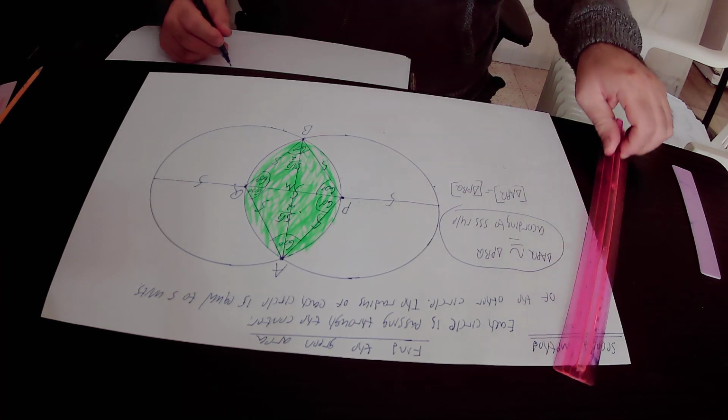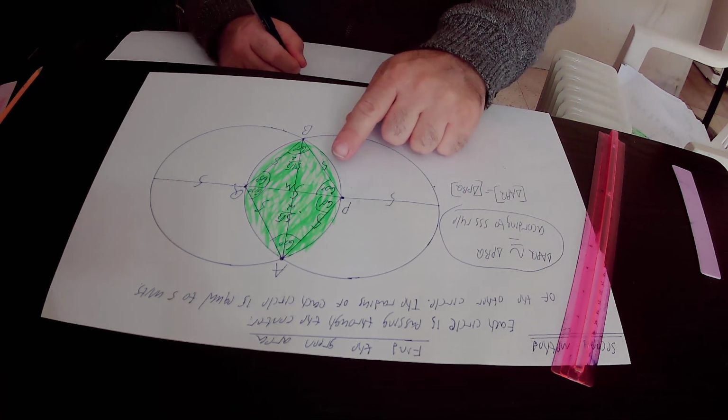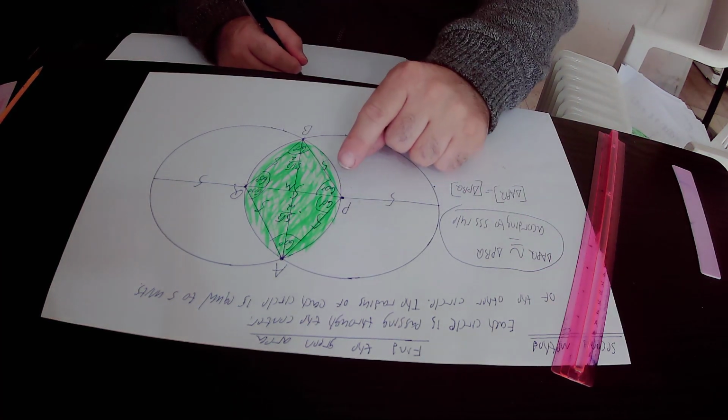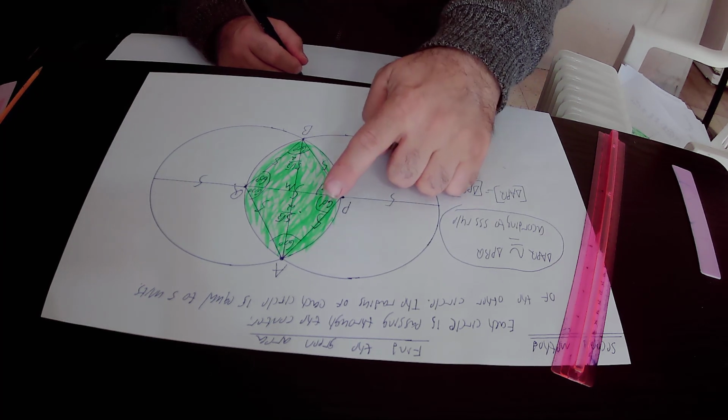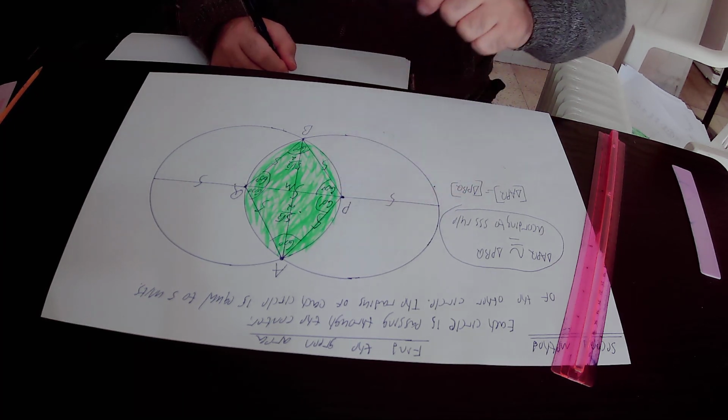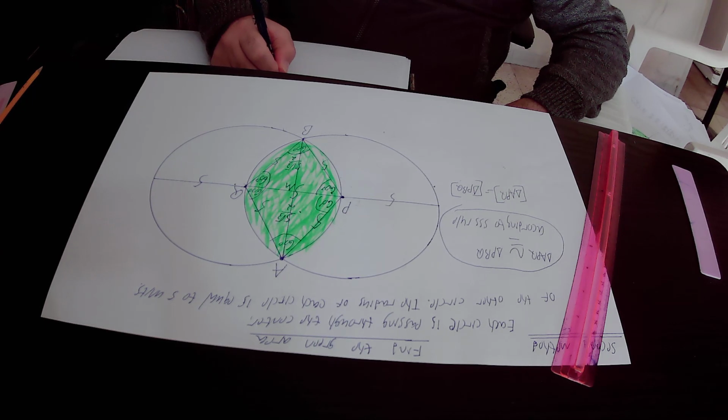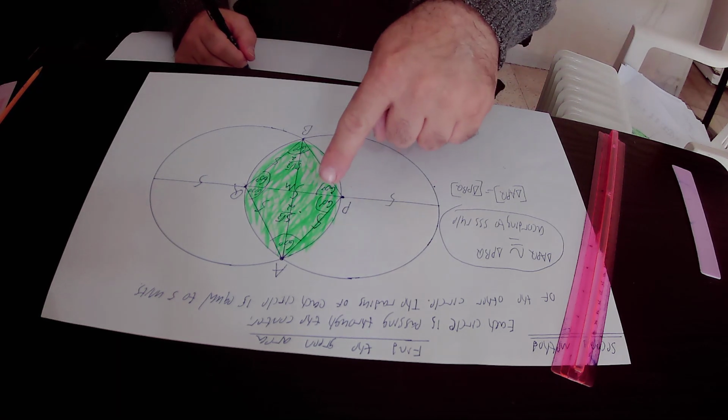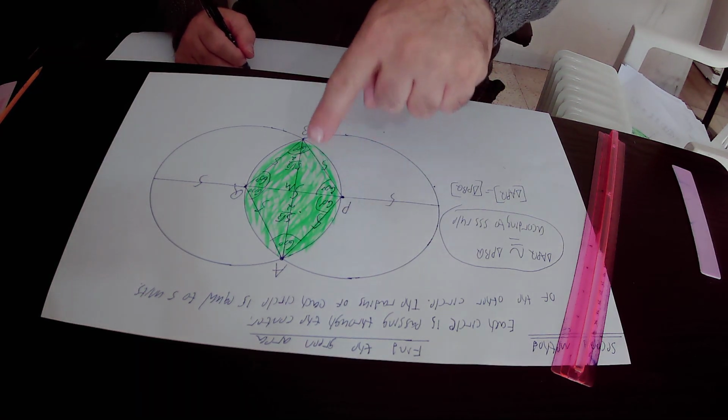The area of segment AP will be equal to the area of sector AQP minus the area of triangle AQP.